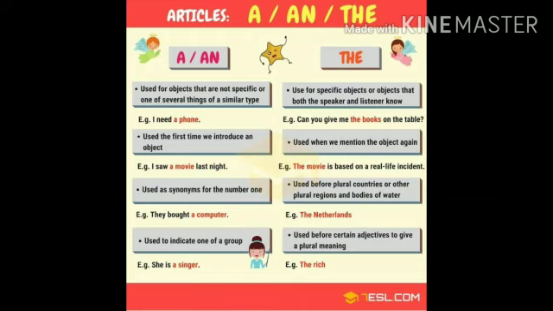Examples: they bought a computer and the Netherlands. Next, a and an are used to indicate one of a group, and the is used before certain adjectives to give a plural meaning. Examples: she is a singer and the rich.